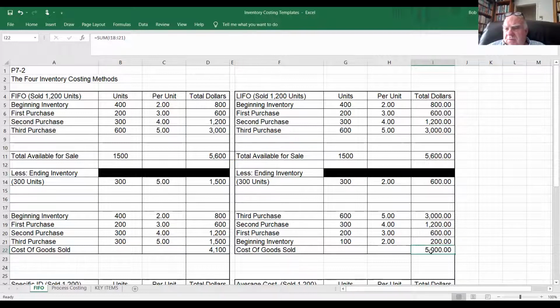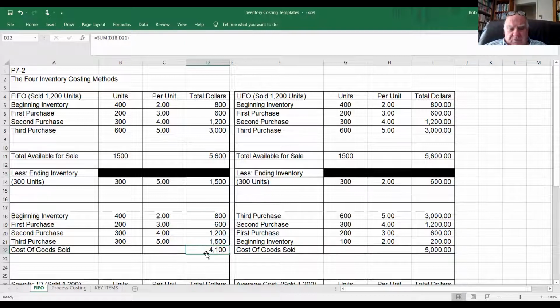That makes sense, huh? Why would a company not do that? Well, there are some reasons. A company might choose FIFO because they want to make as big a splash as they can. They want to have a big announcement that says, aren't we great? We made so much money this year.